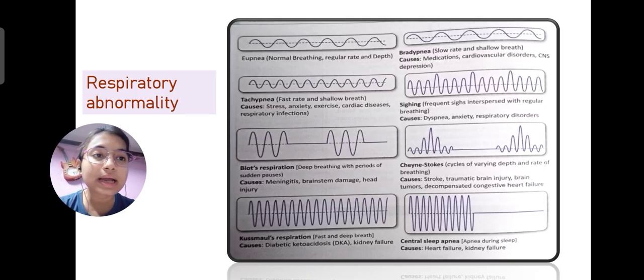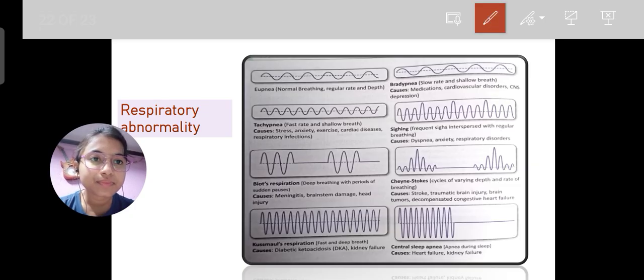Now there is the graph of the respiratory abnormality. This is eupnea and bradypnea, that is the slow rate. We already discussed, just see this graph. Sighing: frequent sighs interspersed with regular breathing, and the causes are dyspnea, anxiety. See the Biot's respiration, the slow shallow respiration with periods of apnea.